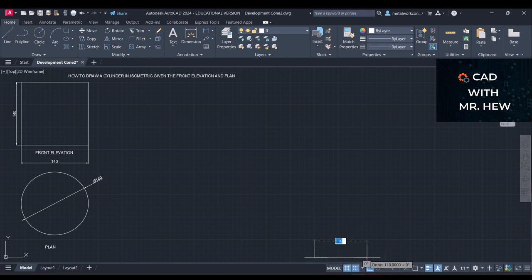We go here, start, angle. We're going to go around, and come back down.